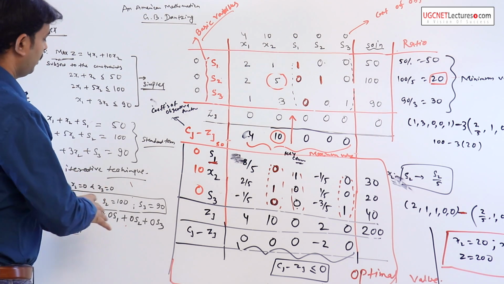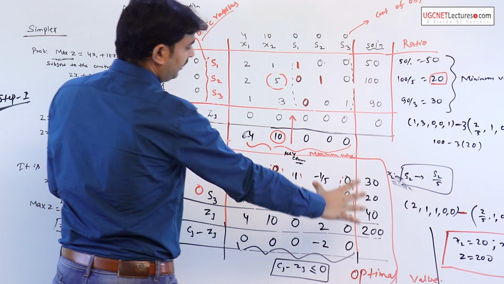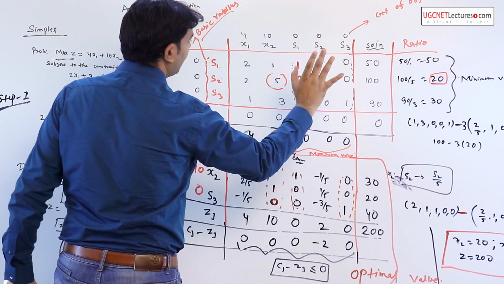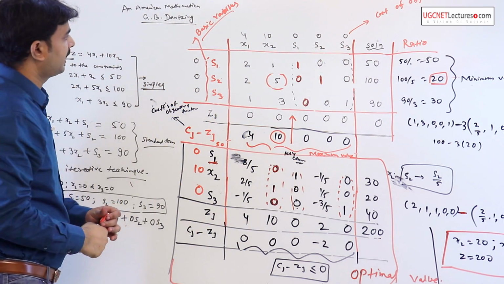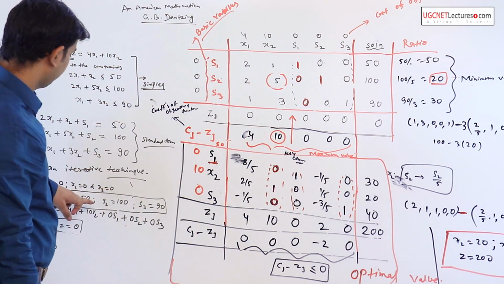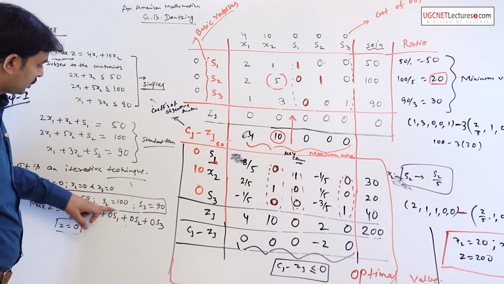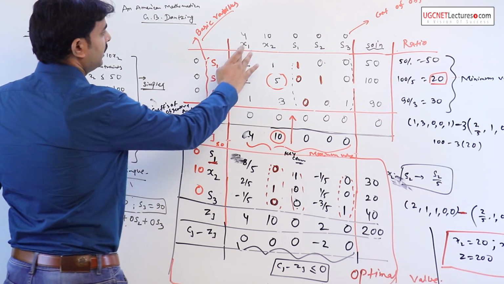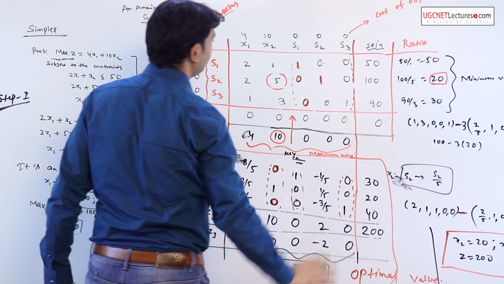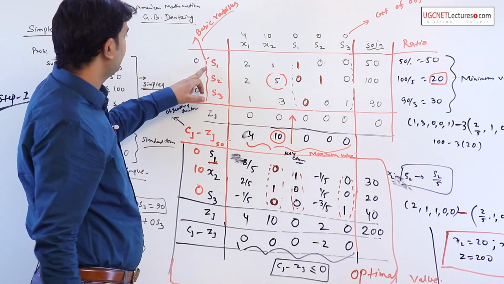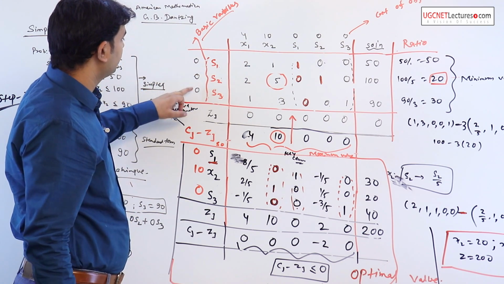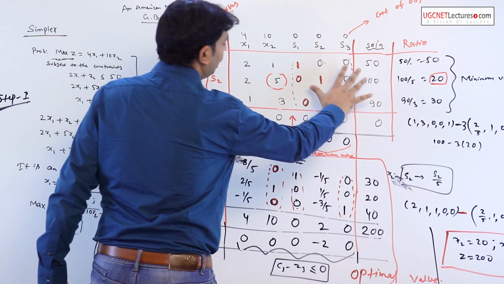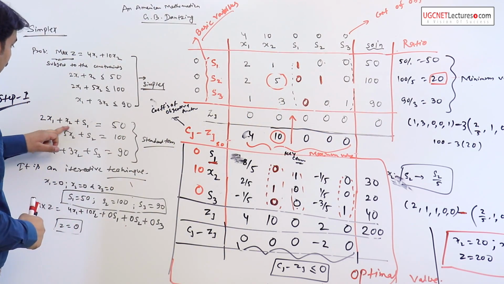For doing this, we have to make a table where x1, x2, s1, s2, s3 are written in that way, and our basic variables s1, s2, s3 are written on the left hand side. These are the coefficients of the objective function, and these are the coefficients of the basic variables in the objective function. We have to write all the values in the table.